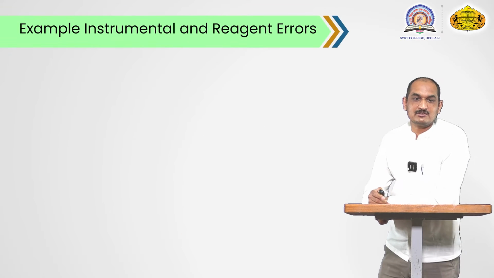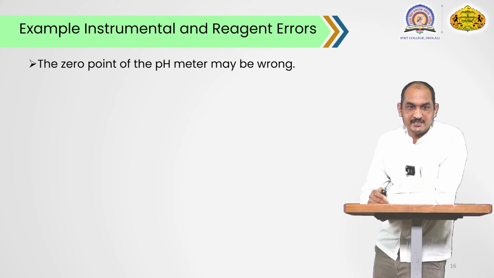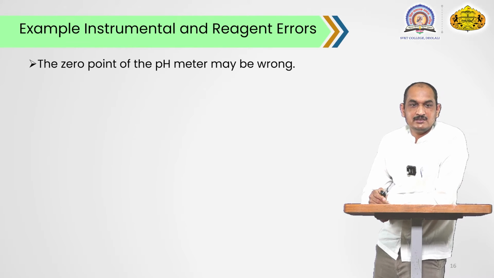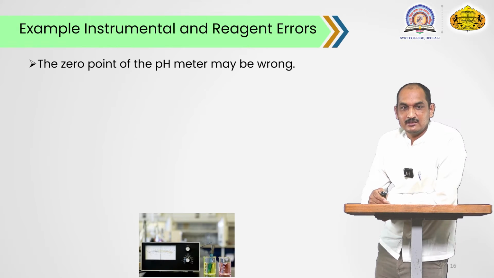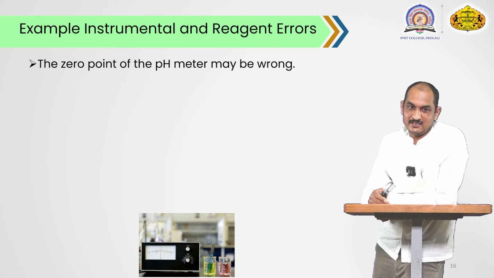Then some examples of instrumental and reagent errors. Before the measurement of pH, we have to calibrate the pH meter. When the zero point of the pH meter is wrong, there may be instrumental errors in the analysis.